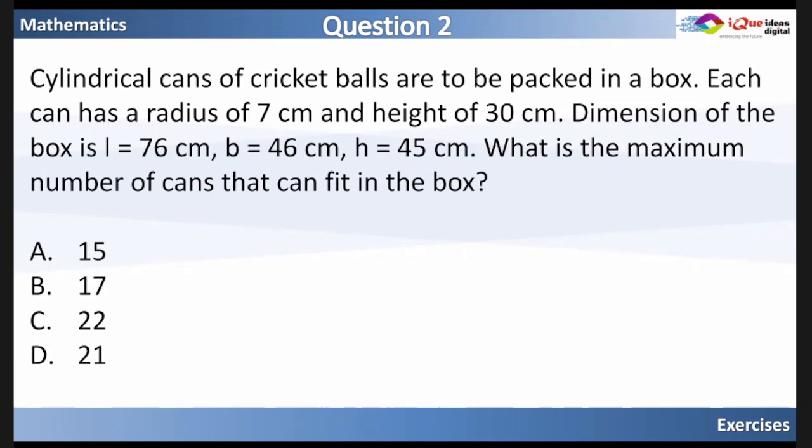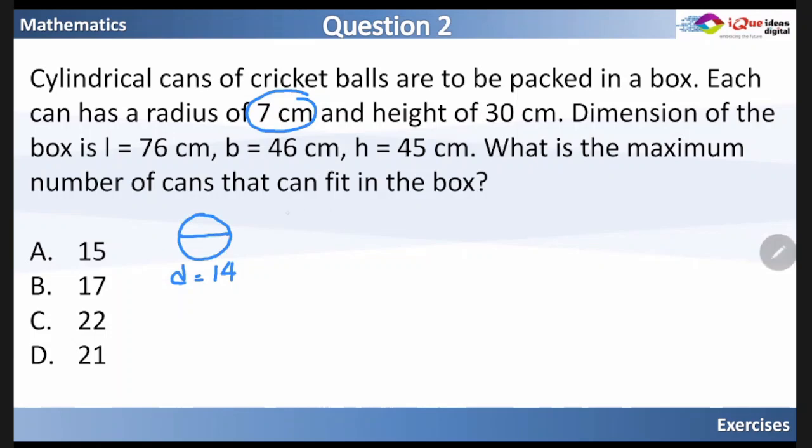Okay, so first what we need to understand is that when you're packing cricket balls, obviously you'll be packing them in an order. So first thing to take into consideration is that if the radius is 7 centimeters, then for a ball the diameter will be equal to 7 multiplied by 2, that is 14 centimeters. So one single ball is going to occupy a linear length of 14.